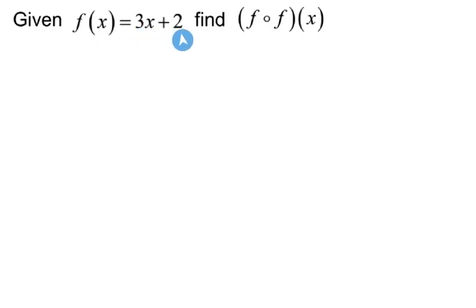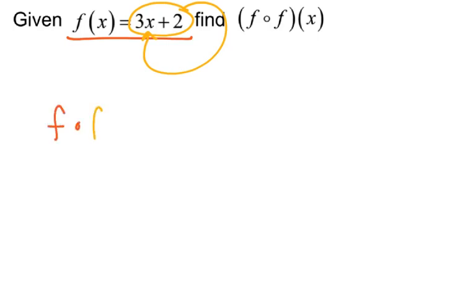Here we're given a linear function, this represents a line, f of x equals 3x plus 2. And we are asked to find f of f of x. That seems a little silly, but essentially we have this entire f function, and we're asked to take that function, 3x plus 2, and plug it back into itself. So here, f of f of x means f composed with itself.